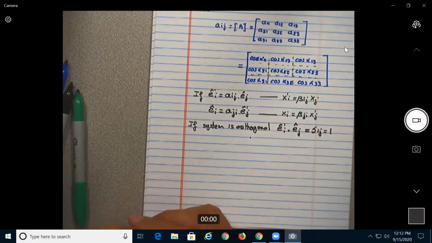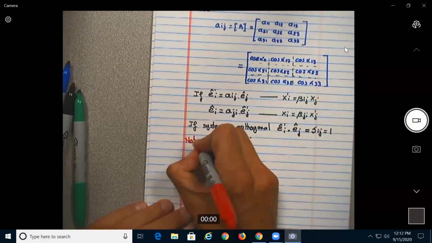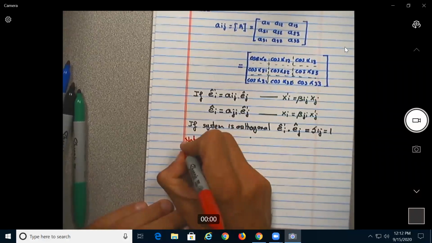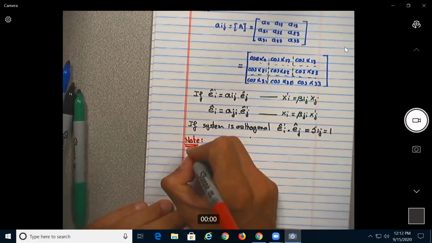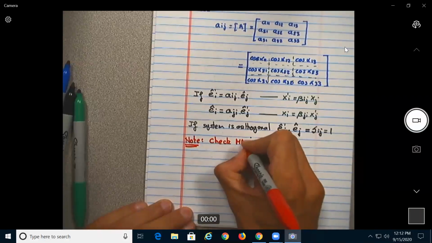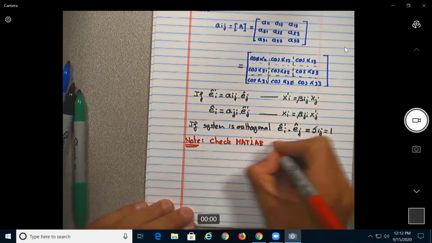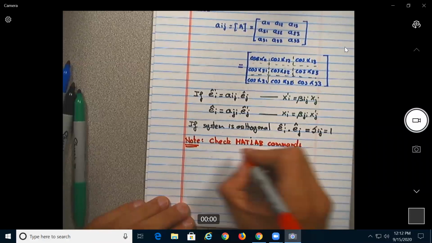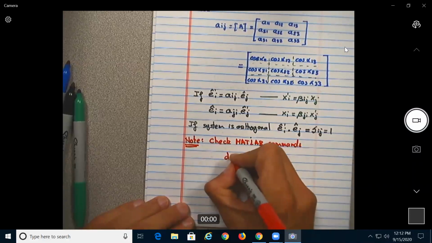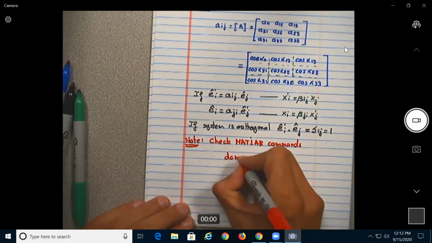So I had a note here, my notes. I'm going to put it here. Notes. Check MATLAB commands. DCM, which I guess means direction cosines to angles.